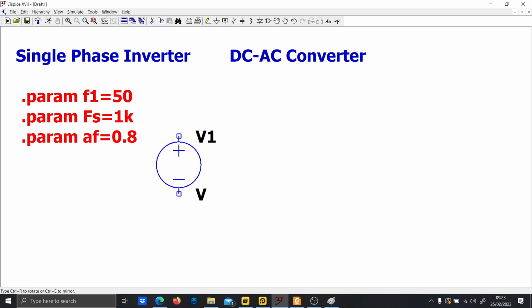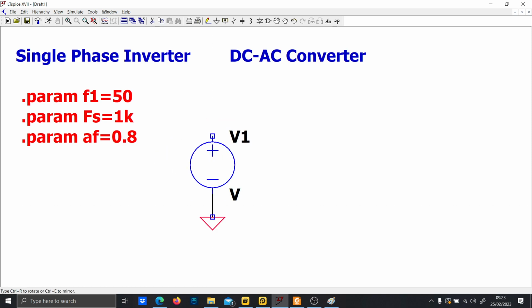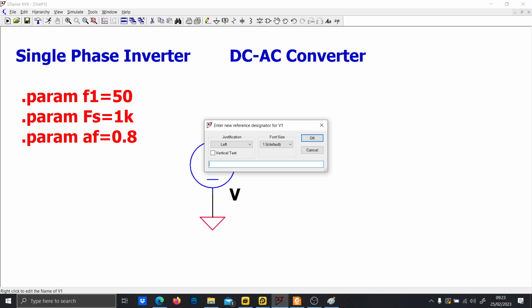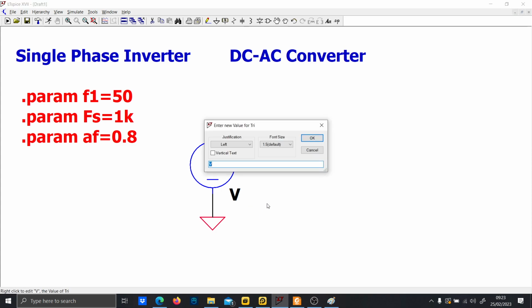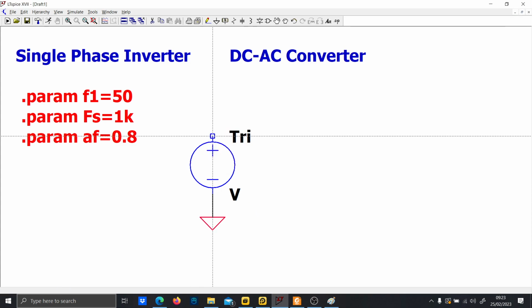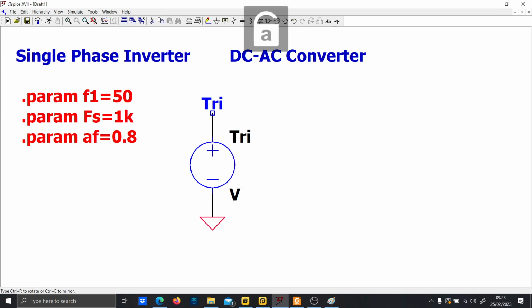Now we want to generate our triangular waveform. Let's call it triangular, let's just call it 3, and this will also be the node 3.